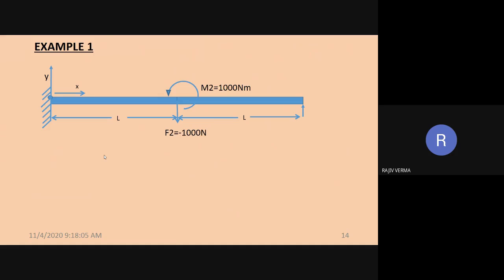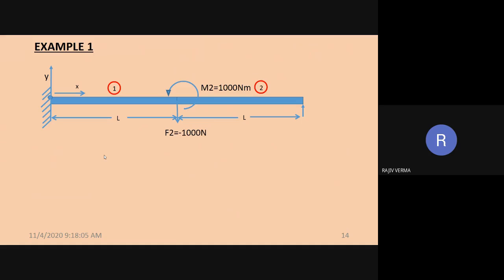Since the vertical force is acting downwards, it is written with a negative sign because the positive y-axis is towards the upper direction, and correspondingly the moment is in the anticlockwise direction, so that happens to be with a positive sign.